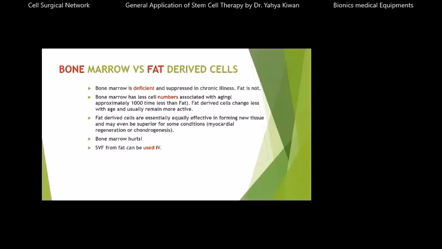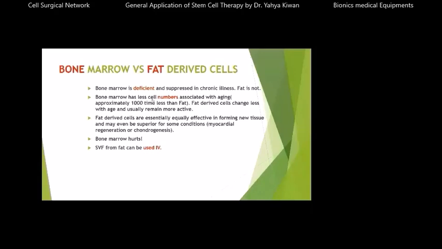The bone marrow has been active all life to produce cells, so in the future it gets slower, and the number of cells released from the bone marrow is lower. However, the fat remains dormant most of the time, so the number of stem cells in the fat is much more than the number of cells in the bone marrow.